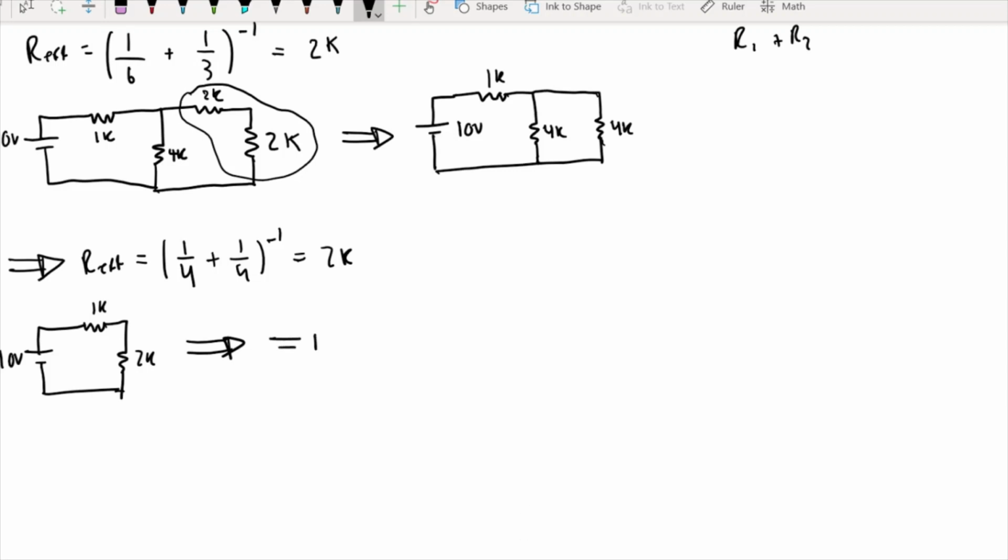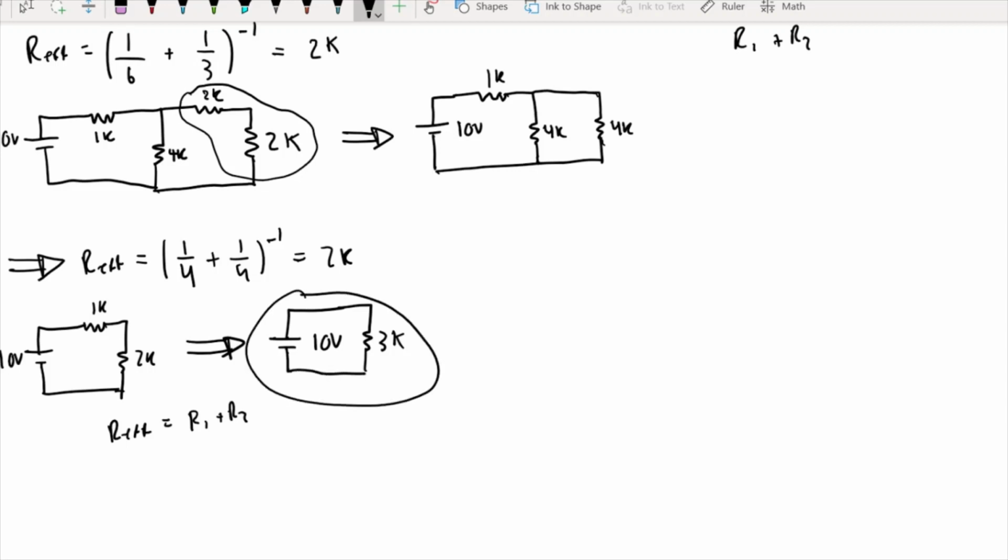So we have 10 volts here, and when you add something in series, you know that the R equivalent is R1 plus R2. So this is just 1 plus 2, and you're going to have 3K here. And this is our final circuit. That's what it breaks down to.